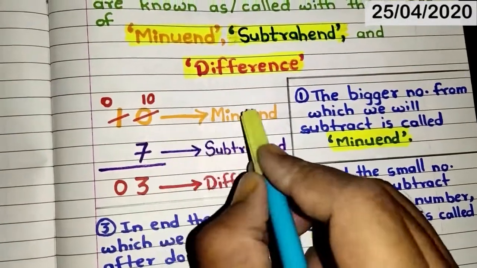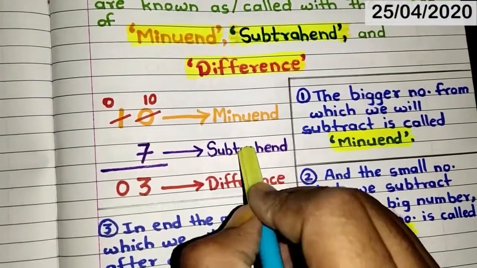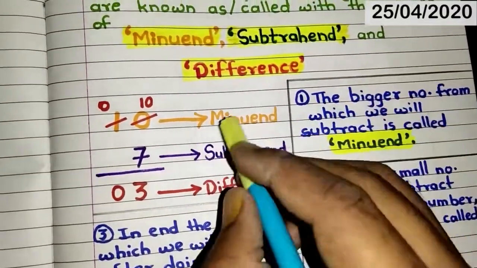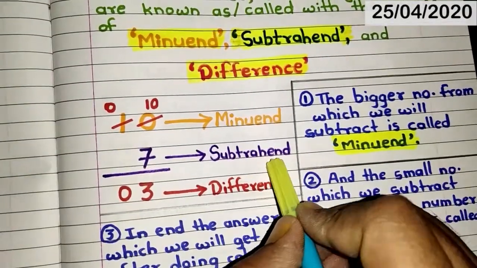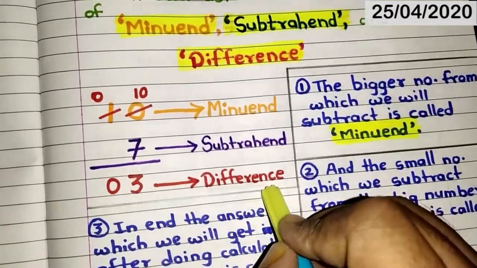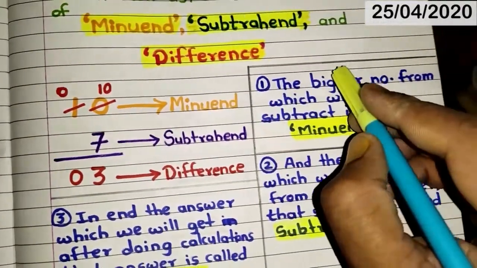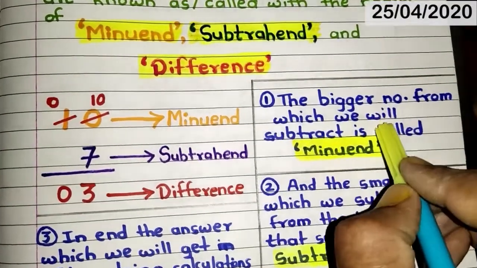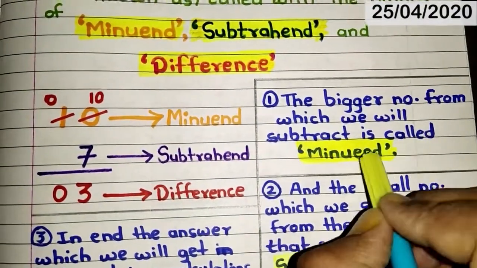Why are these numbers called by these names? Let's see which number we need to call minuend, which subtrahend and which difference. The bigger number from which we subtract is called minuend.